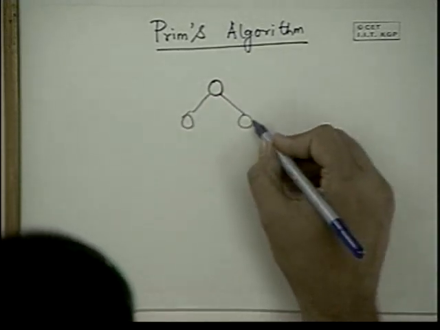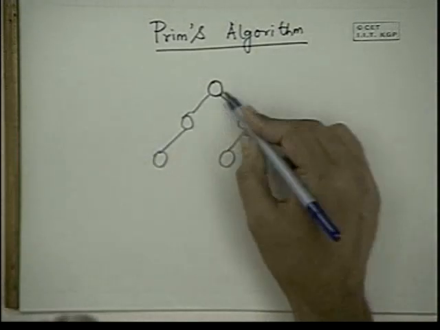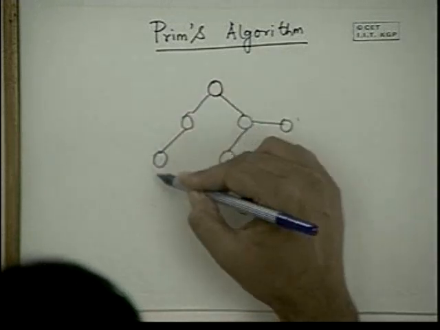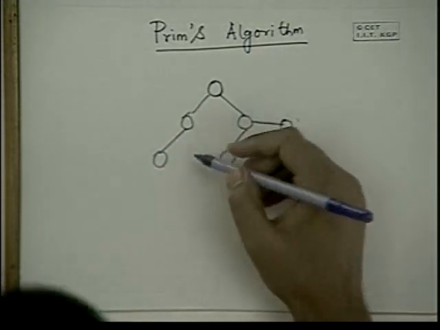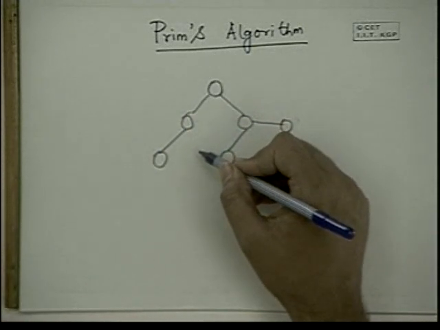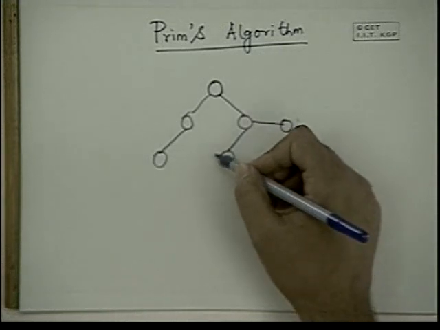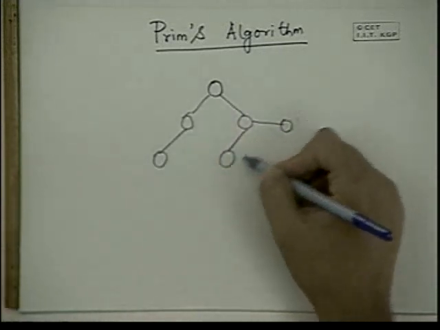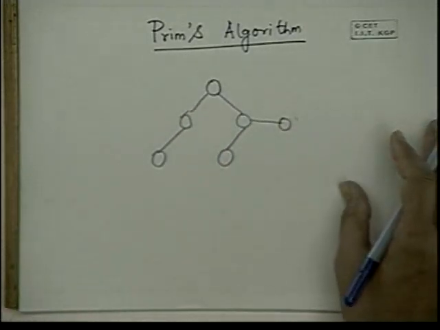It chooses one more, another, another. But every time this tree is a subtree of a minimum spanning tree, that is guaranteed. So when you have included all the vertices of the graph, at that moment you know it's a spanning tree of the graph, and since you maintain the invariant, it must be the minimum spanning tree of the given graph.